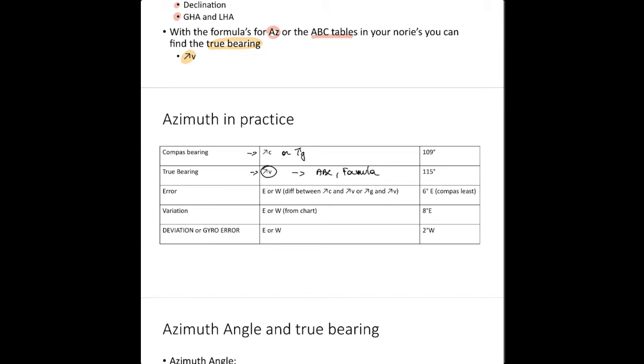The difference between the two of them is your error. The total error is either east or west. You know that you can find your variation on the chart. And then if you determine the relation between error and variation, you can easily find either the deviation or your gyro error.